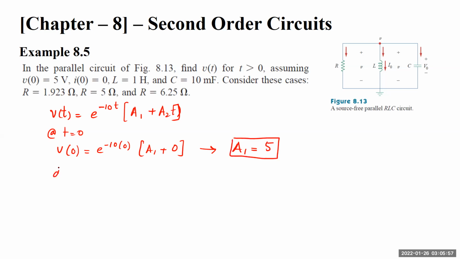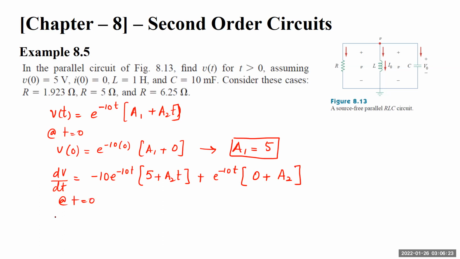Now dv by dt, if I differentiate, it's minus 10 e raised to power minus 10t times (a1, which is 5, plus a2 t), plus e raised to power minus 10t times the derivative, where a1 derivative is 0 and a2 t gives a2. Okay, so this is my case. If I put t equals to 0, dv by dt becomes minus 100.